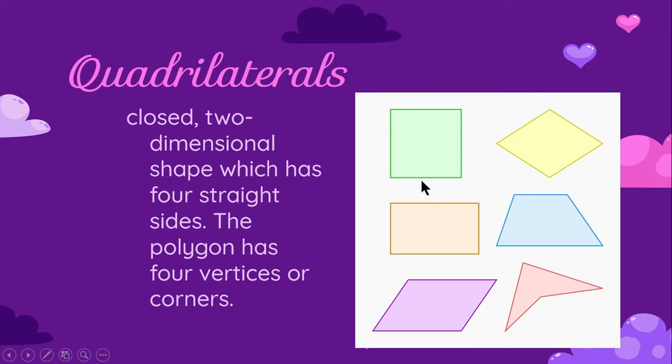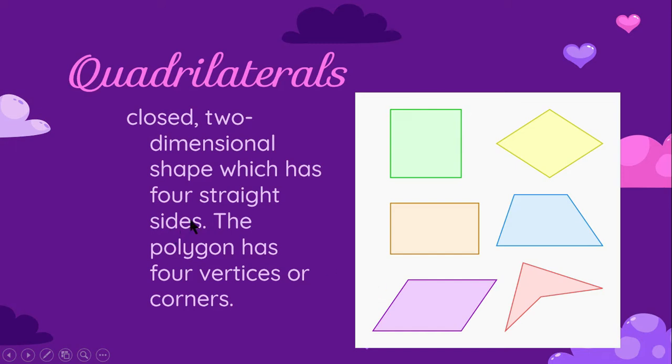Is it two-dimensional? Yes, because it has length and width. Which has four straight sides. In our illustration, these are all straight sides. If you notice a curved side, automatically it is not a quadrilateral.